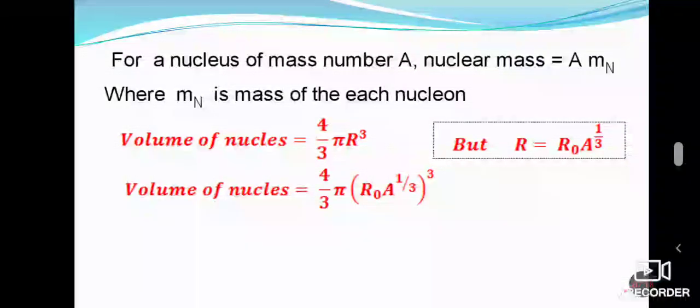Therefore the volume of the nucleus is 4 by 3 pi into r naught times A raised to 1 by 3, the whole cubed. So it is 4 by 3 pi r naught cube into A. This is the volume of the nucleus we got.